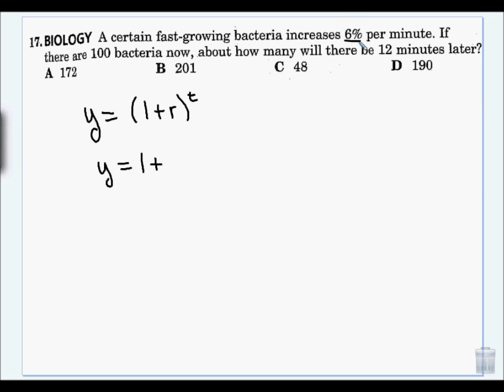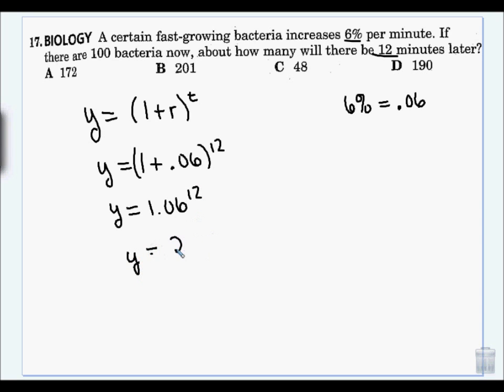Well, our rate is 6%, but we have to turn that into a decimal, so it's 0.06. And our time is 12 minutes, so it's 1.06 to the 12th. So y is equal to 2.01.